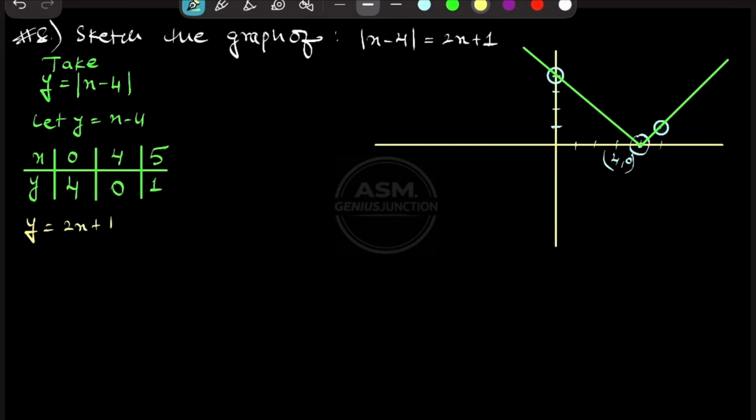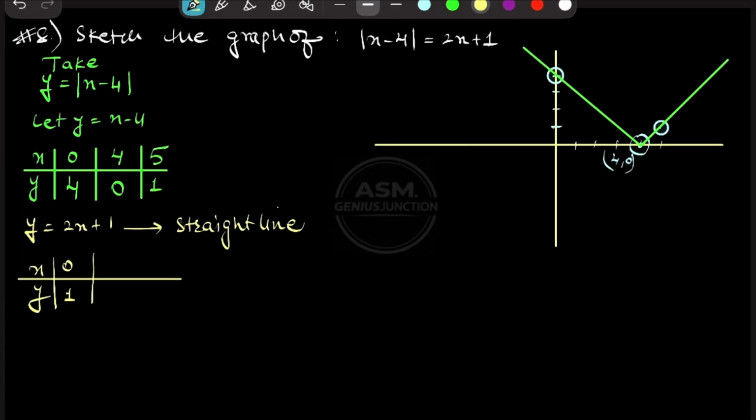Okay, we can see it is actually representing a straight line. So what I'm going to do, I will make a table again, and I will put x equals 0. When I put x equals 0, I will get y equals 1. When I put y equals 0, I will get x equals minus 1 by 2.